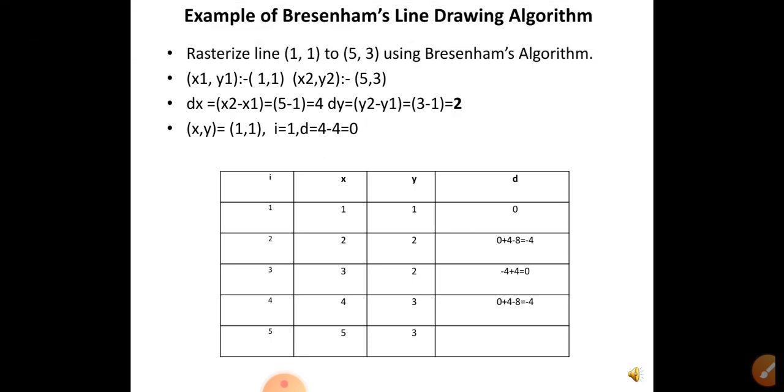So for iterations 3 and 4, there is no increment in the y value, while twice the y value got incremented by 1, and in each iteration the x value gets incremented by 1. So depending on the decision parameter, the y value gets incremented or may not get incremented.